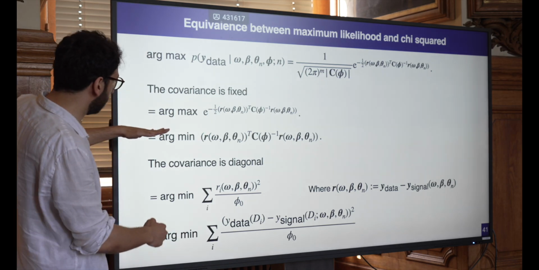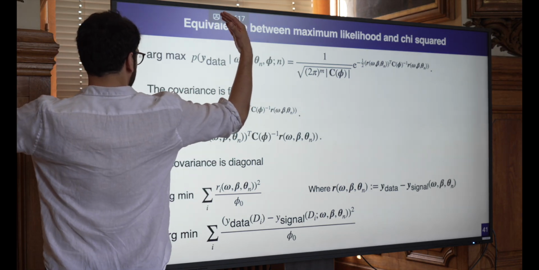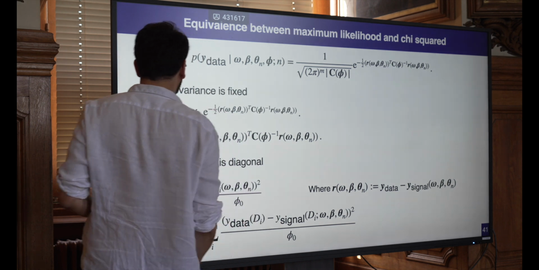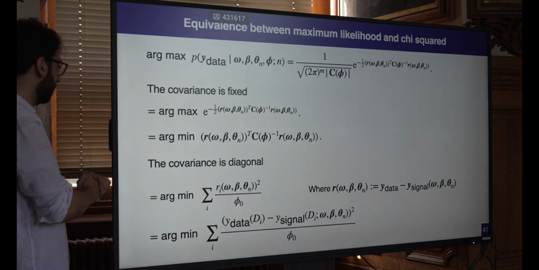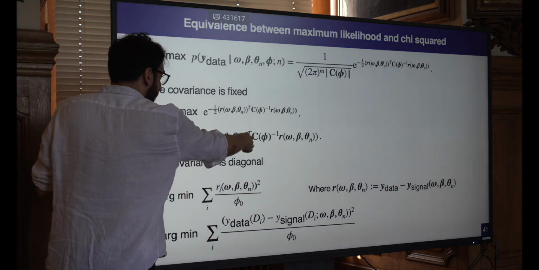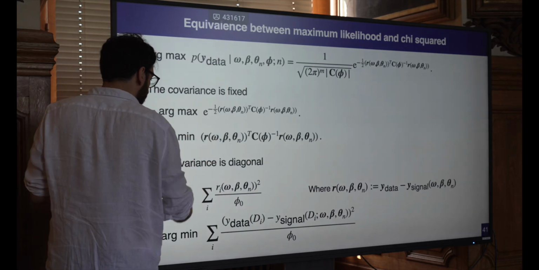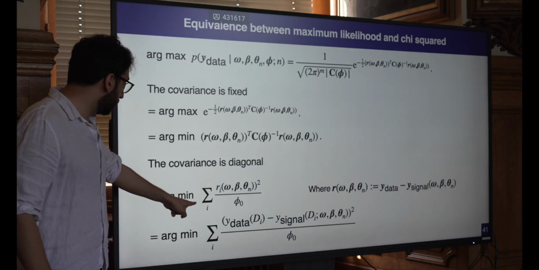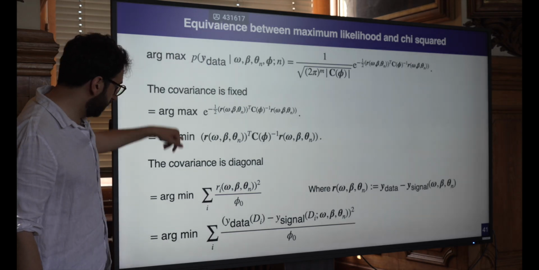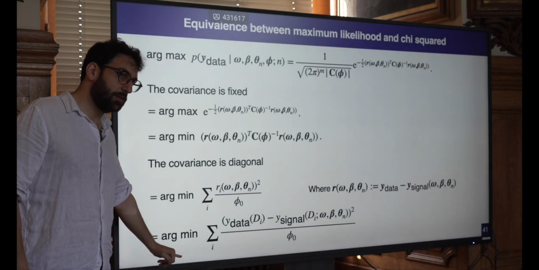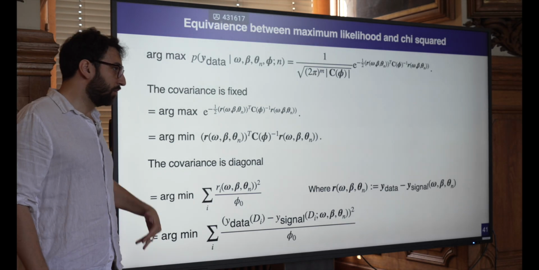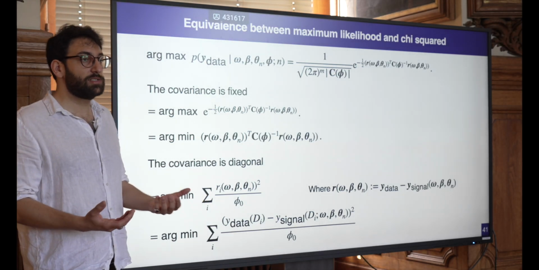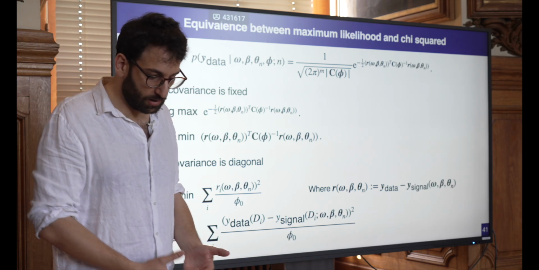So here you have a line vector, here a big n-by-n matrix, and again a column vector. So it makes a scalar in the end. And when I write what this equation means as a sum, this is what I get. So maximizing this is equivalent to minimizing the chi-squared. So this is exactly what we want. This is a generalization of the fitting process when you don't know what the values of the noise are.